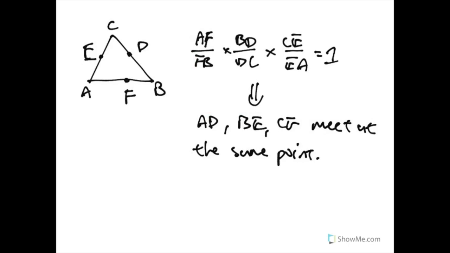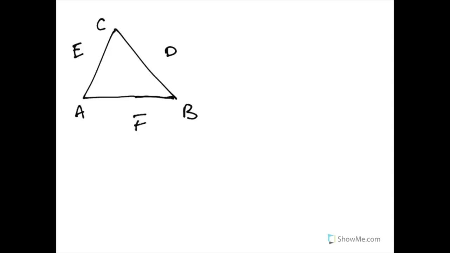Now the reverse version of Ceva's theorem can also be proven relatively easily. So I'm going to draw another diagram here, and we're going to try to prove that the line segments AD, BE, and CF pass through the same point.